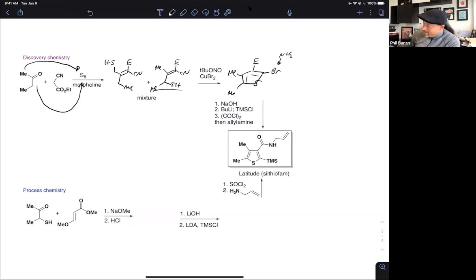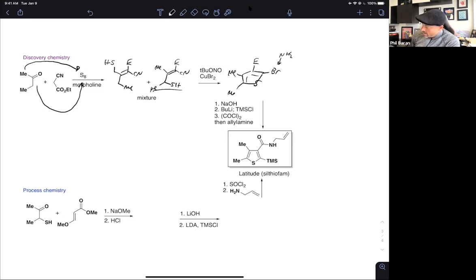But for med chemists, they don't care. Probably they wanted both isomers at the beginning anyway. So, the mixture is fine. And then to finish the synthesis, what they're going to do is treat this with sodium hydroxide. That's going to hydrolyze the ester to the acid. They're going to then do a halogen metal exchange, quench that with TMS, then make the acid chloride, and finally the amide bond, and they get silthiofam.